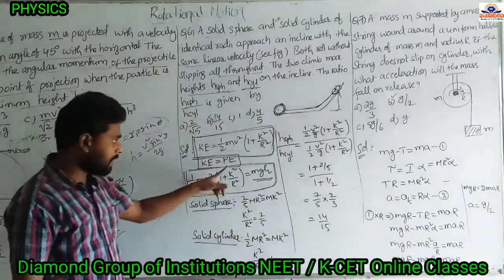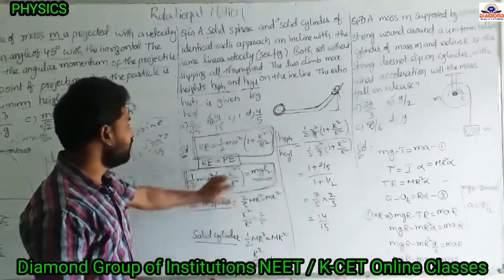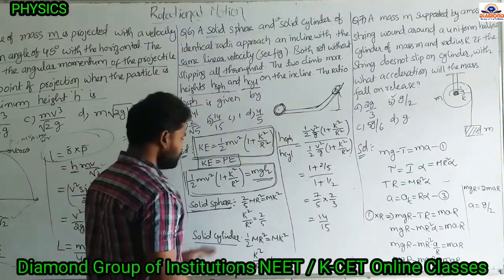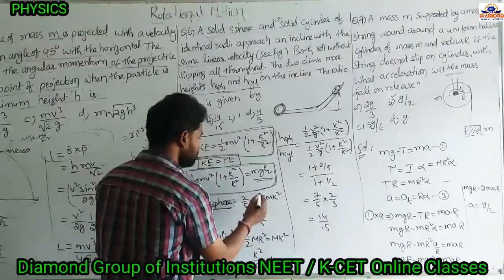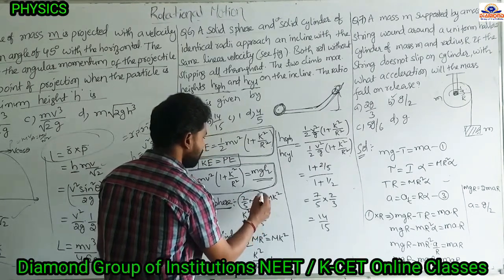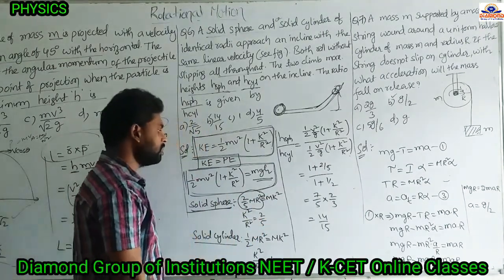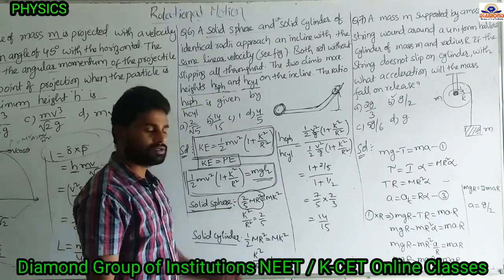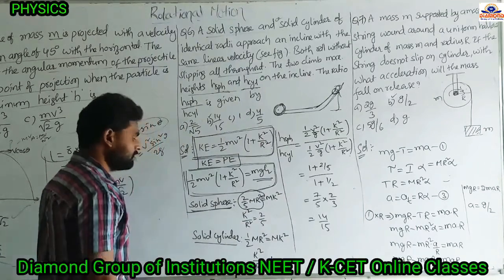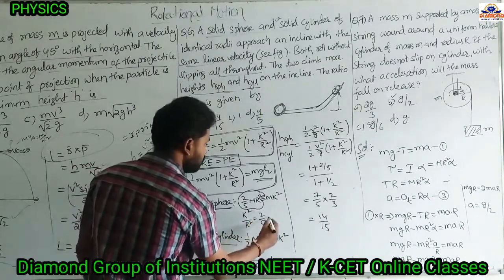Now we have to find the k square by r square value for the solid sphere. Just remember, the moment of inertia of a solid sphere about an axis passing through the center and perpendicular to the plane is 2 by 5 mr square. Equate this to m k square, the radius of gyration. So k square by r square equals 2 by 5.